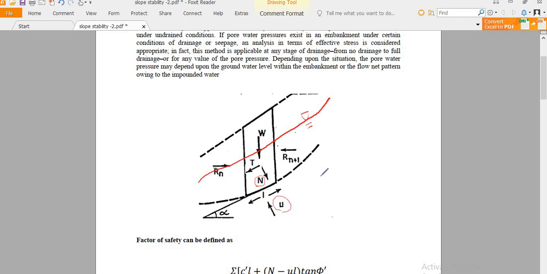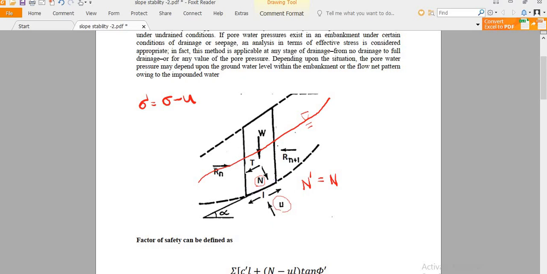Due to this effect of water pressure, we know that N is the total normal force. So if we write the forces, N is the total normal force, but the effective normal force will be something like N dash. We know the effective stress principle says sigma dash equals sigma minus U. So if you multiply this by area, or in this instance it is length, right?